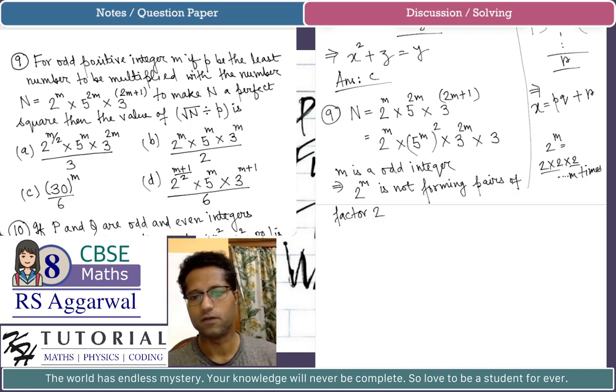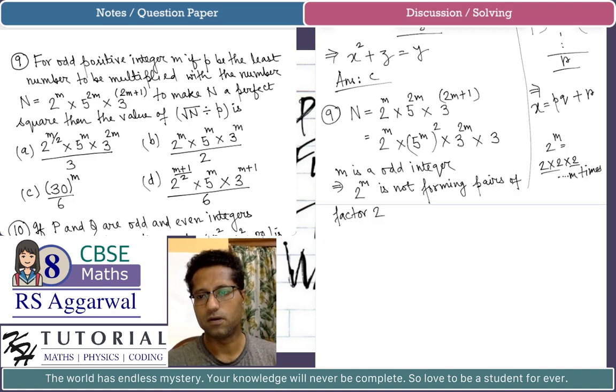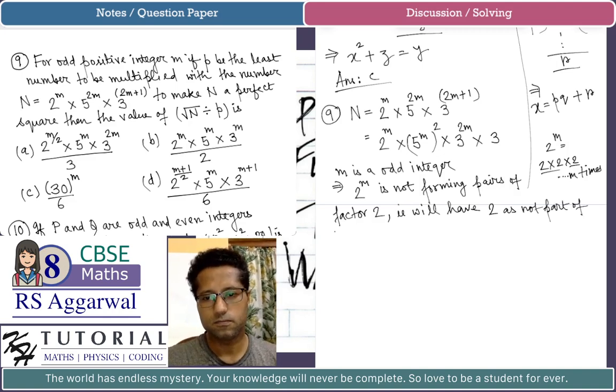It will not be a part of a pair. So if m is an odd integer, 2 to the power m is not forming pairs of factors 2. That is, we'll have 2 as not part of any pair.